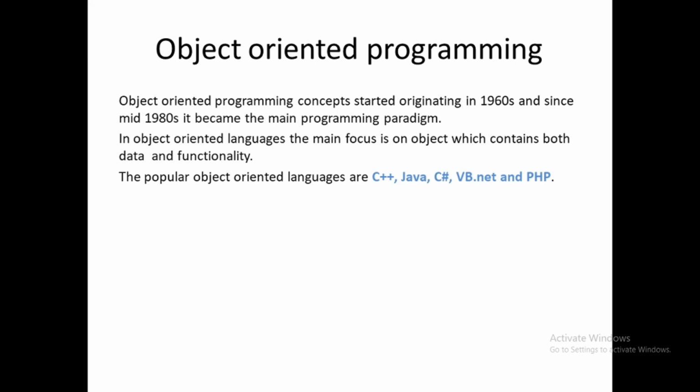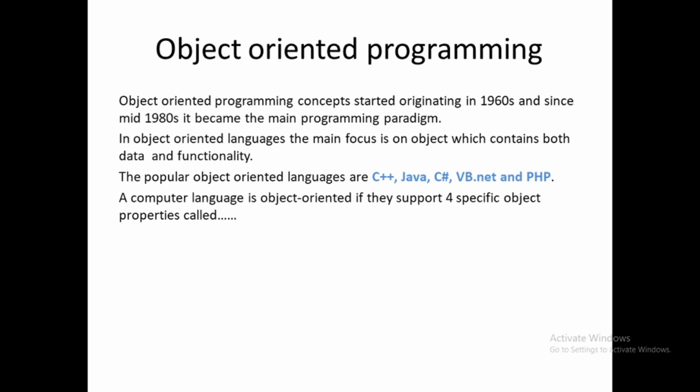The popular object oriented languages nowadays are C++, Java, C#. Here you see C# is known as C#, then VB.NET and PHP. These are the programming languages based on the object oriented technique.